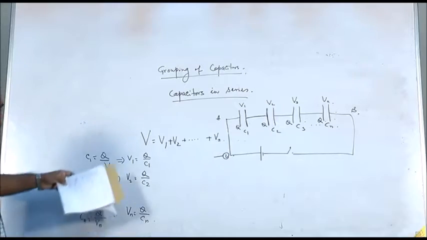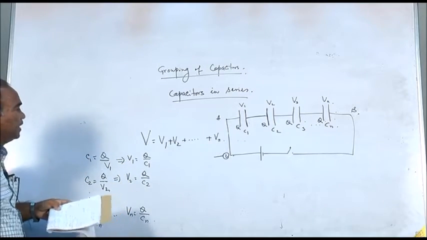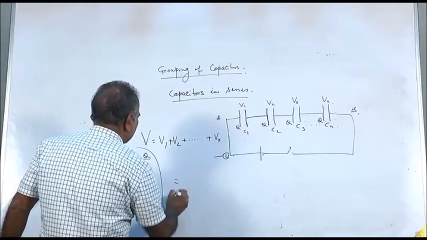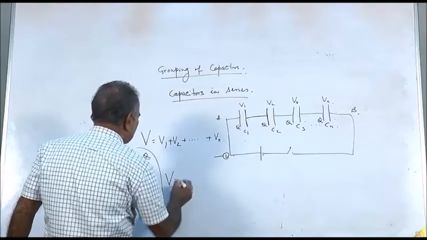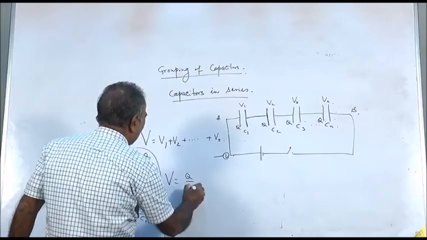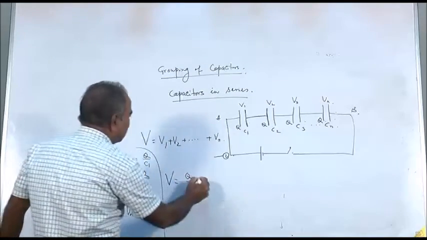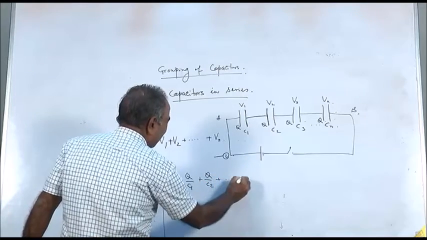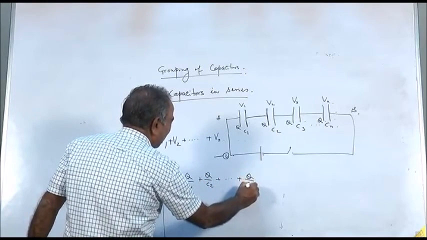If you put these values of V1, V2, V3 and Vn in equation 1, we will get V is equal to Q by C1 plus Q by C2 up to Q by Cn.